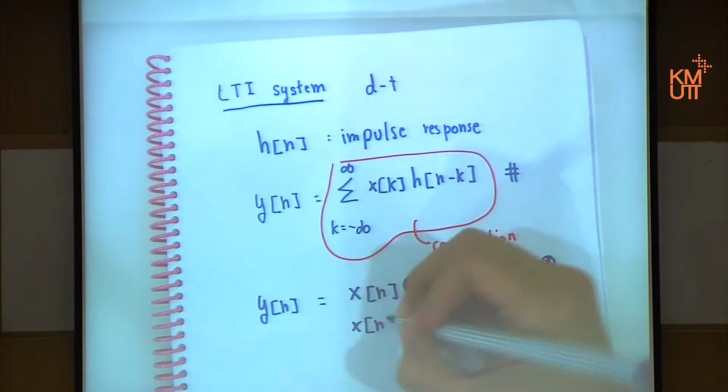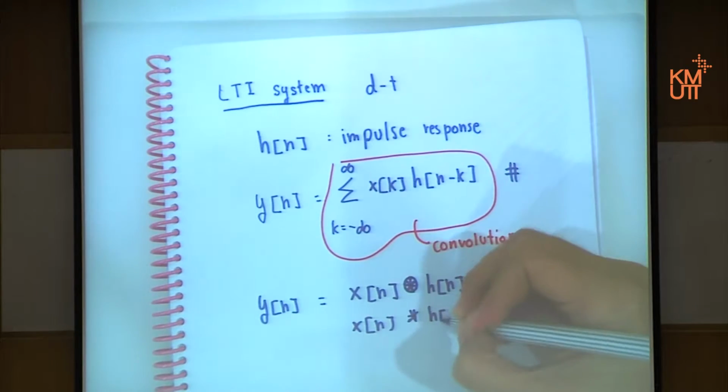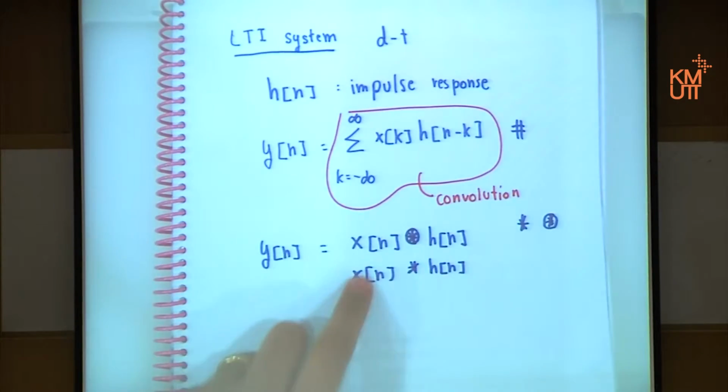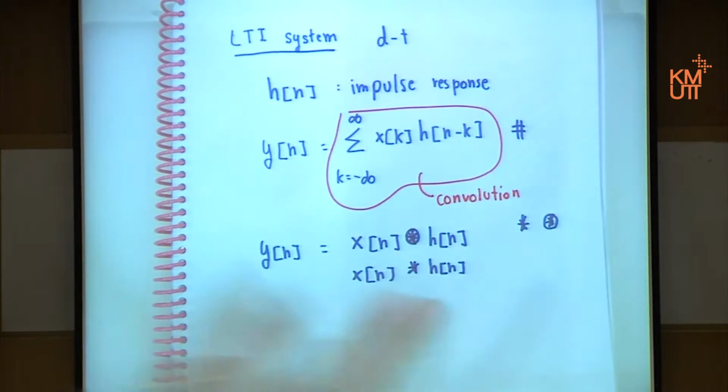Sometimes I write only a star like this. So if you know the input signal and impulse response, you can find the output y[n] by convolution between input and impulse response.